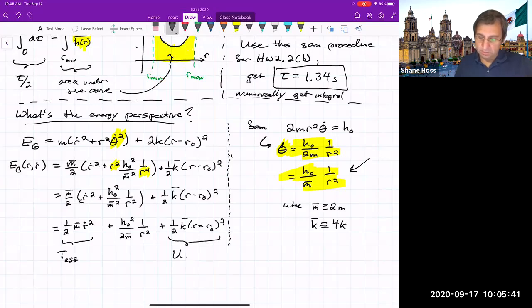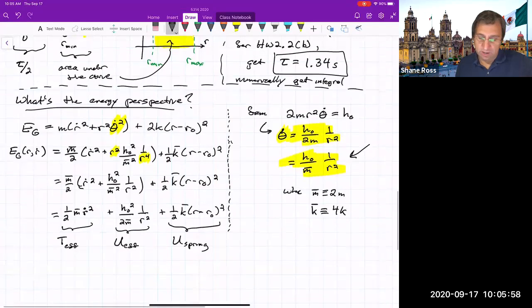This thing over here I know is the potential energy due to the spring, but I have something here that doesn't have a velocity in it, so it's not a kinetic energy. We'll call this just an effective potential energy. And we know that whatever this is, it's the total energy, remember, this is constant during the motion.